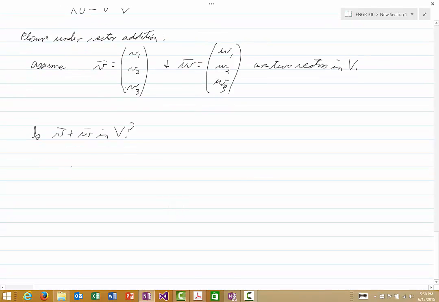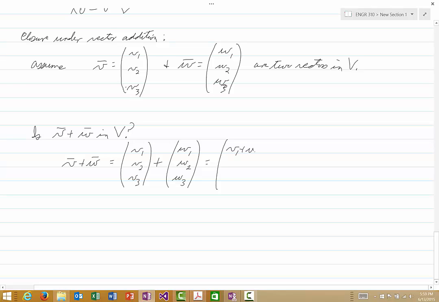Well, V plus W is equal to V1, V2, V3 plus W1, W2, W3, and that's equal to the vector whose first component is V1 plus W1, whose second component is V2 plus W2, and whose third component is V3 plus W3.